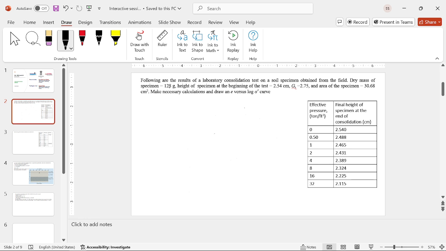So we have been given the height of the specimen at the beginning of the test is 2.4 centimeter. And the area of the specimen is 30.68 centimeter square. So how much is the diameter then? Let's calculate first so that you understand that it has a larger diameter than the height.